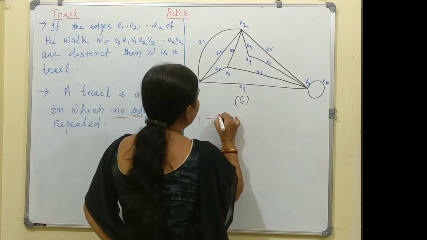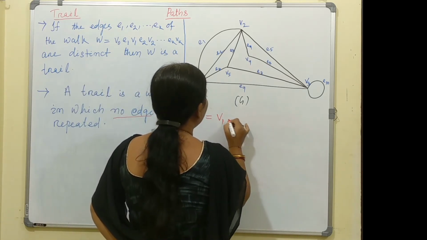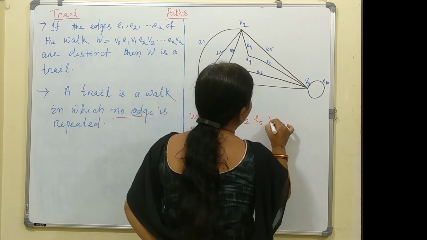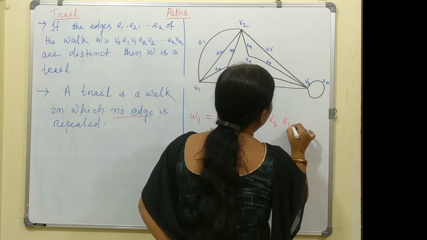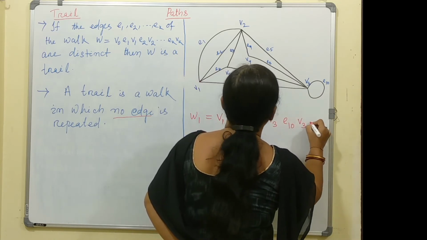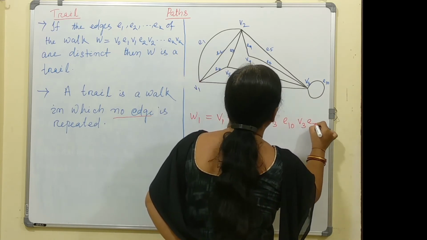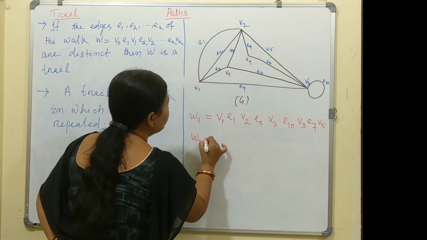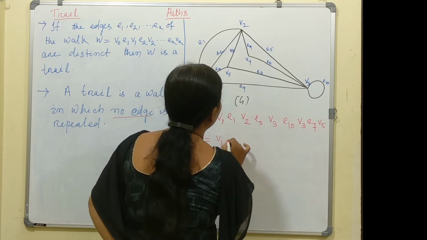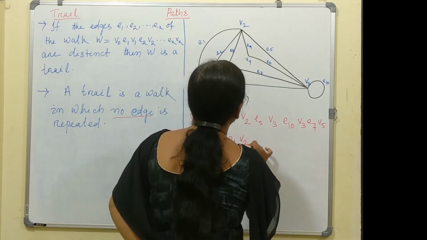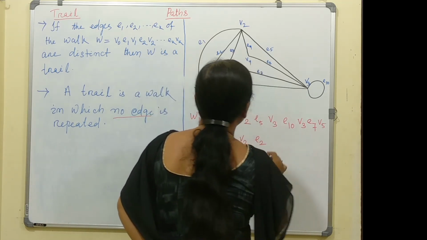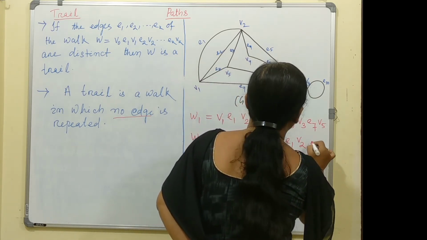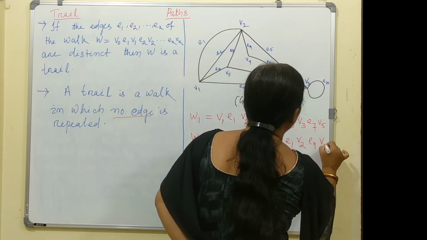W1 is equal to V1, E1, V2, E5, V3, E10, V3, E7, V5. And W2 is equal to V1, E1, V2, E2, V1, E1, V2, E4, V4.